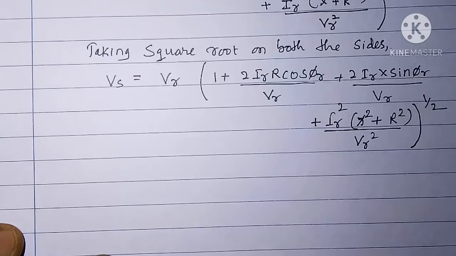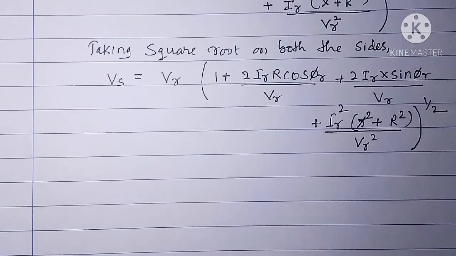Now to get the value of Vs, we can make use of Taylor series expansion. And when we make use of Taylor series expansion, we have to neglect higher order terms.